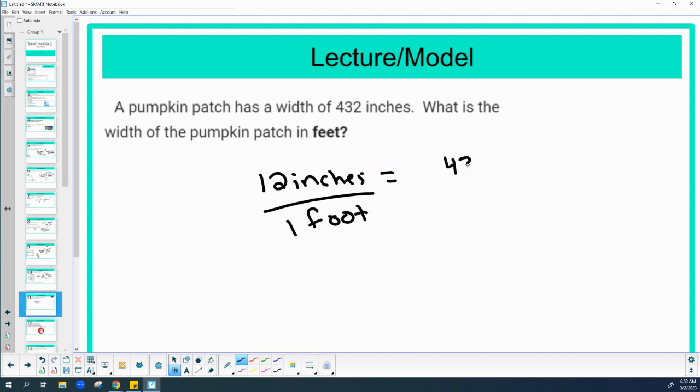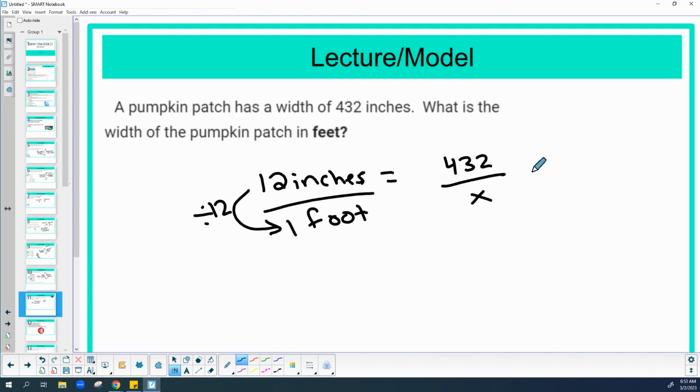But we don't have 12 inches, we have 432. All right. This one here, I'm actually going to look at a vertical pattern. And I see that to go from inches to feet, we divide by 12. Because 12 inches divided by 12 gives you 1 foot.